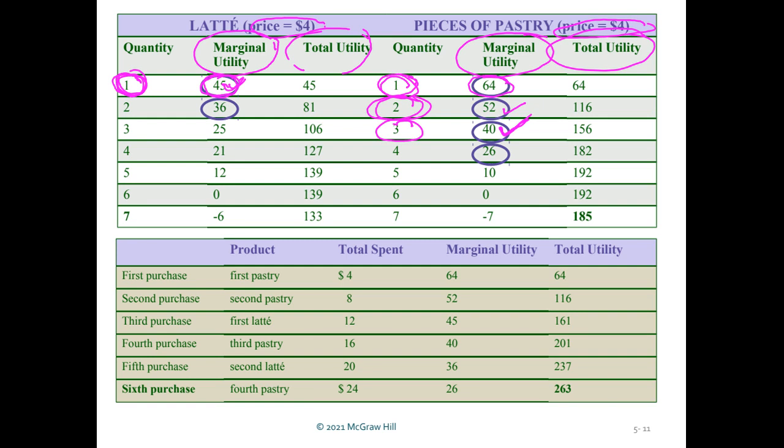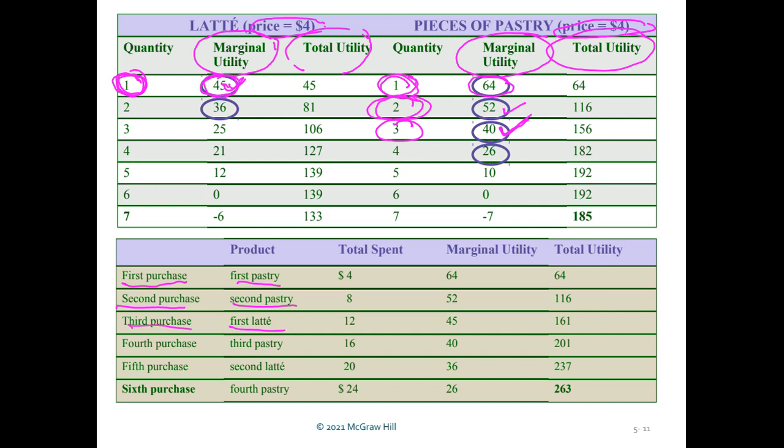So this is how she manages, and you can see this is the end result. First purchase, first pastry. Second purchase, second pastry, second $4, right? Then third purchase, first latte.